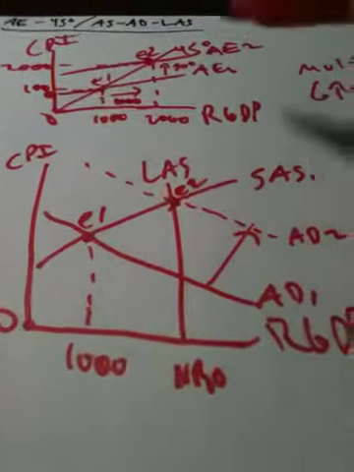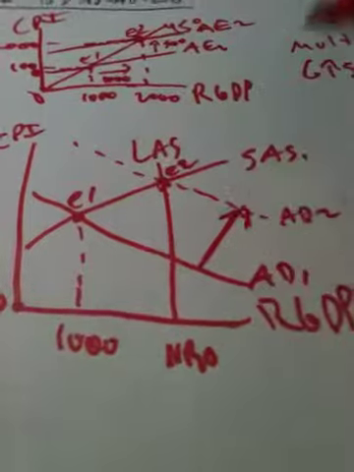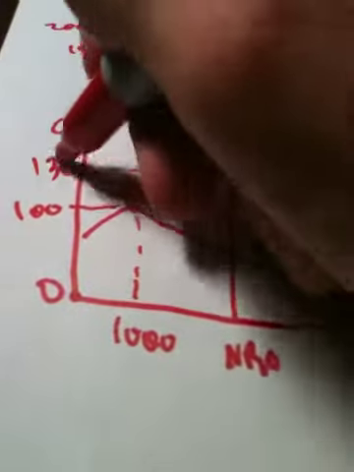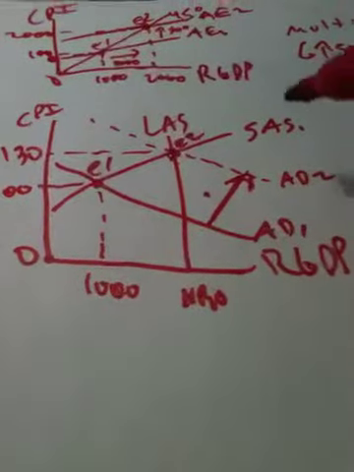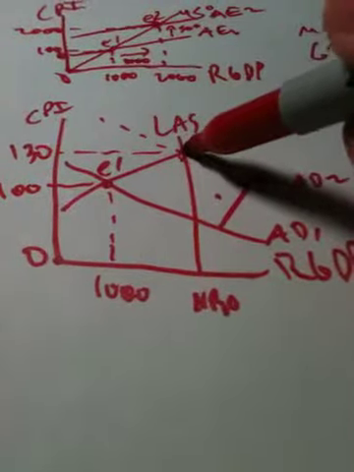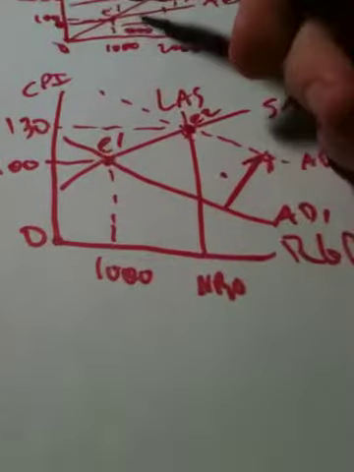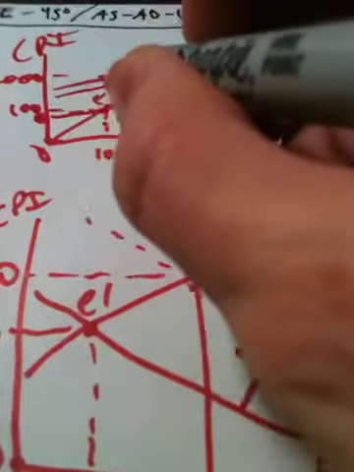So going back to this, the real GDP, again, will increase by 1,000. CPI, we'll just pretend that it used to be at 100, and now it's at 130. So after this, since the prices went up, the aggregate expenditure is expected to decrease.